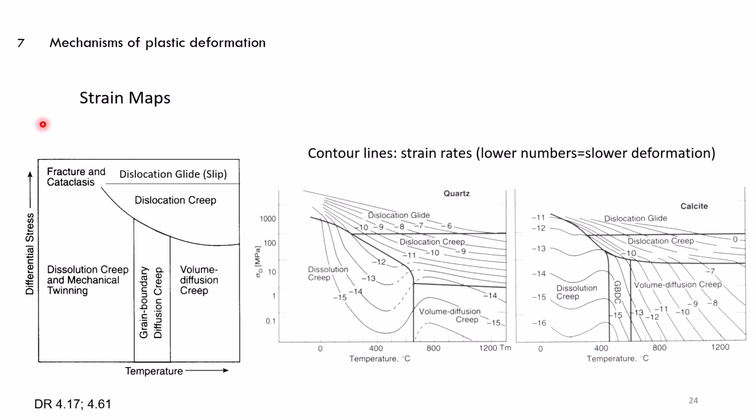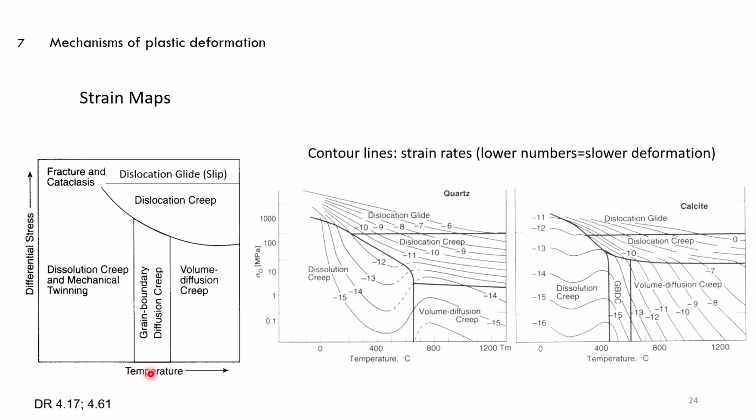A schematic diagram here on the left-hand side shows that at various differential stress conditions and low temperatures, dissolution creep is important as a process, provided that a fluid phase is present. Otherwise, mechanical twinning is possible for some minerals such as calcite or some feldspars. If the differential stress is sufficiently high, the rock will break and undergo cataclasis.